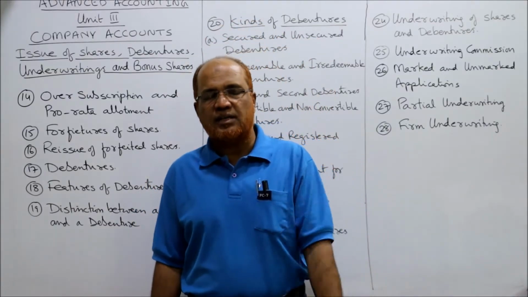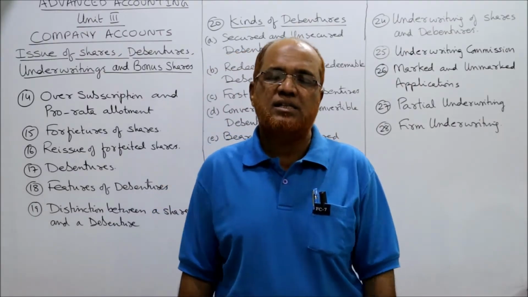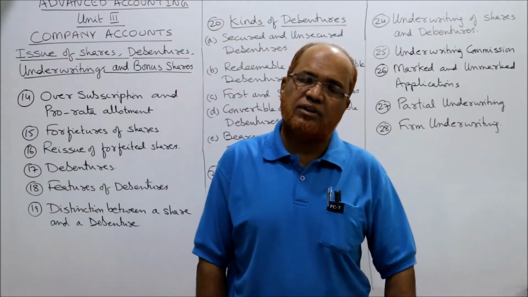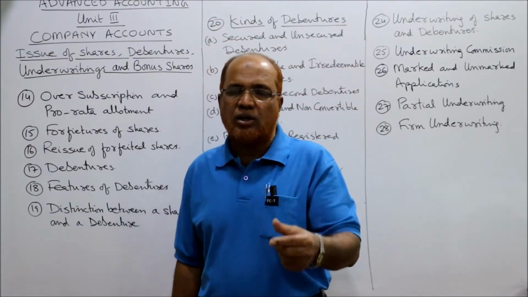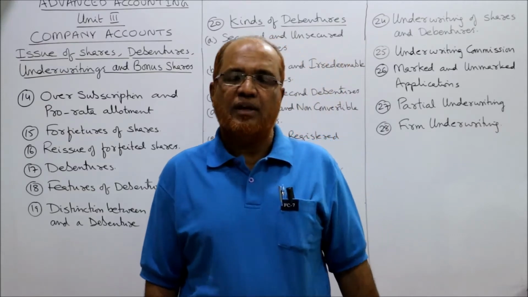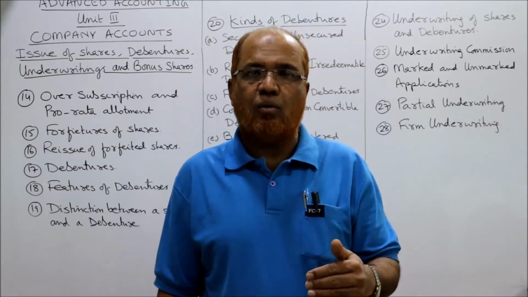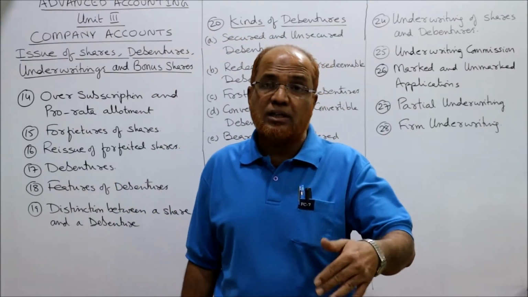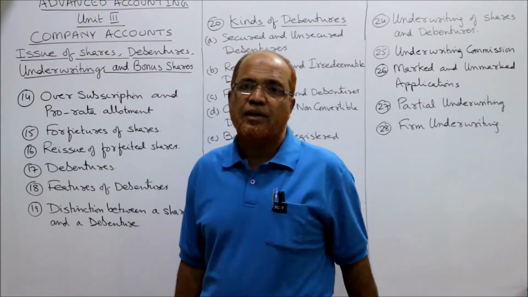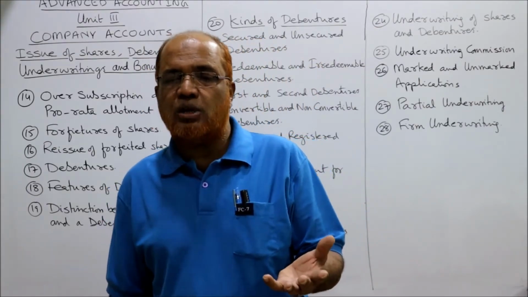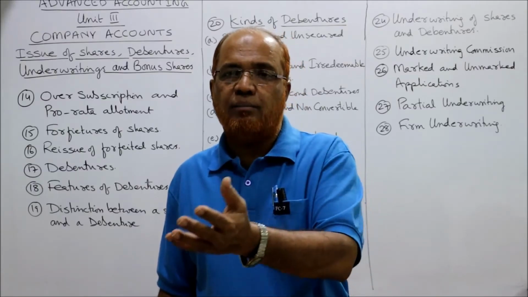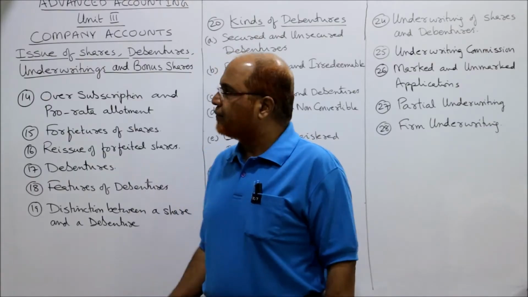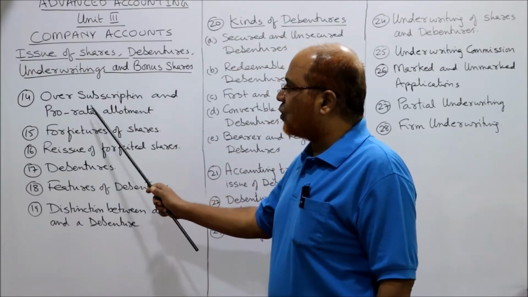The excess application money received will be adjusted towards the allotment and call money. For example, if a person has applied for 30,000 shares and was allotted only 10,000 shares, he has paid the application money for 30,000 shares, but the company has allotted only 10,000 shares. So excess application money for 20,000 shares has come. Now what will the company do? It will adjust the excess application money towards allotment money and call money. Right? So this is the point of oversubscription and pro-rata allotment.